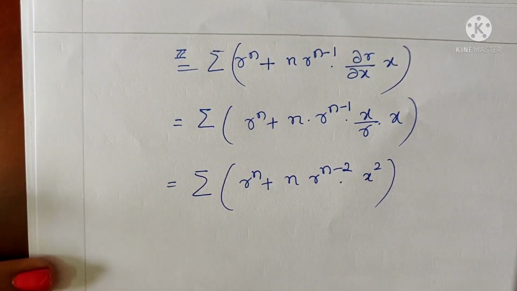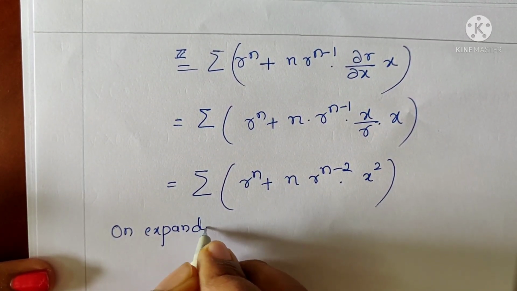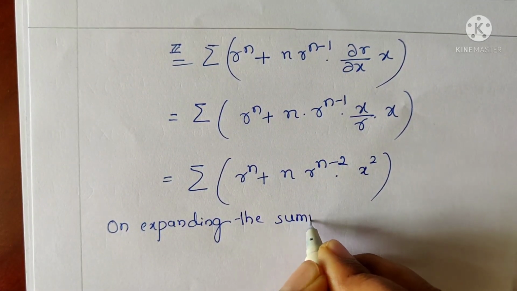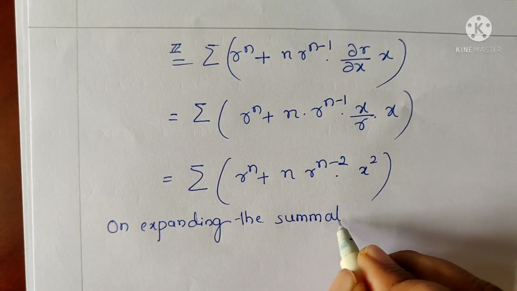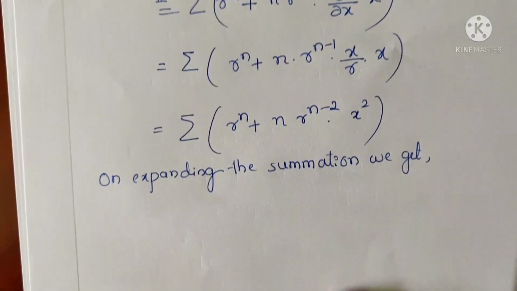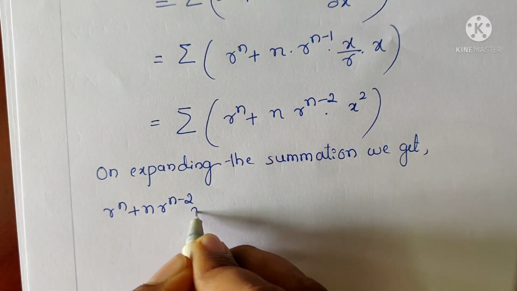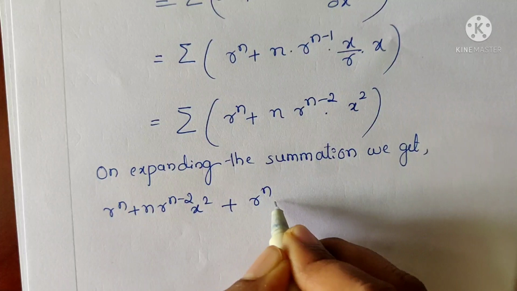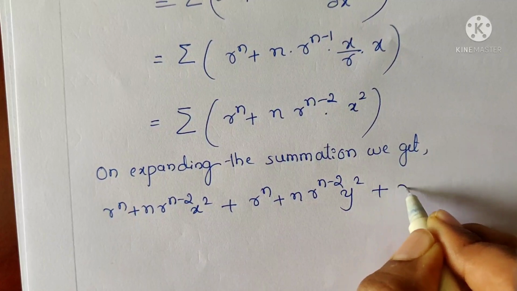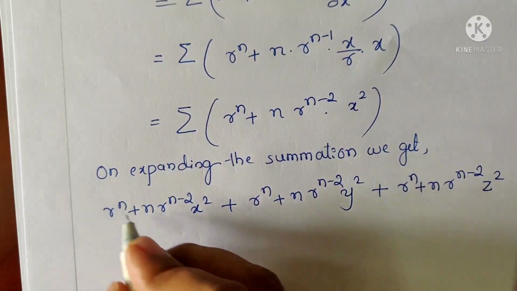So now on expanding the summation, we get r^n plus n r^(n-2) x square, plus r^n plus n r^(n-2) y square, plus r^n plus n r^(n-2) z square.